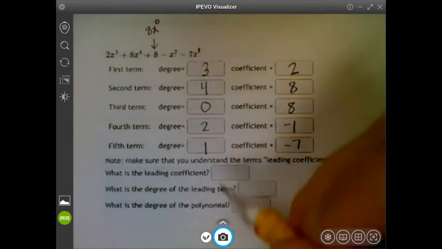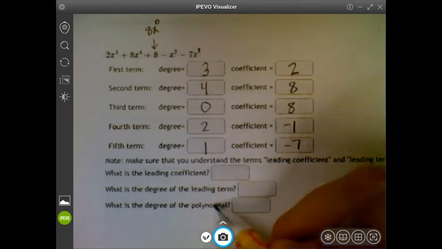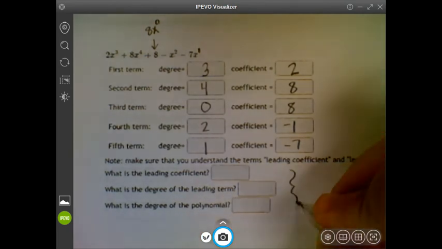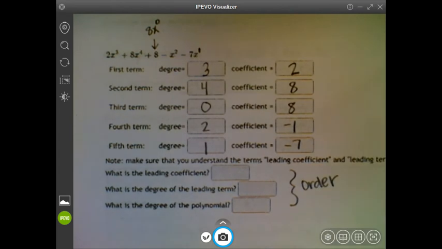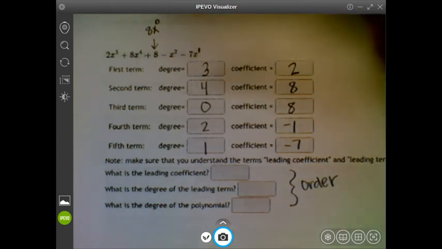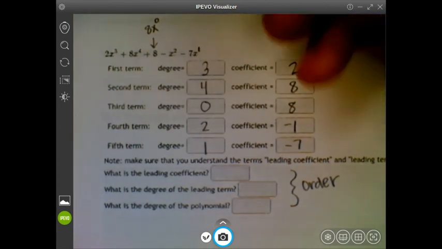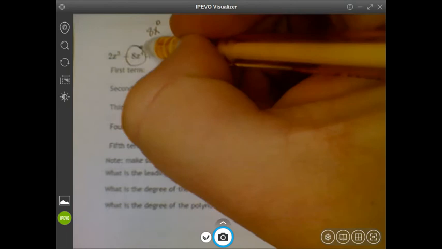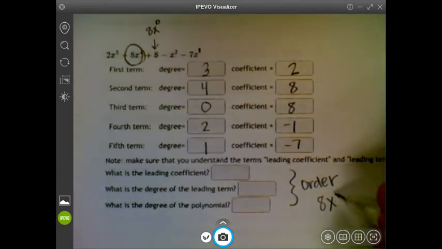All right, this last set of questions is talking about the leading coefficient, degree of the leading term, and degree of the polynomial. In order to answer these questions, you need to think about it in the correct order. The order is going to matter here. So if you look at all of these terms, you're going to go based off the one that has the highest power. And so we're going to pay attention to this 8x to the 4th.